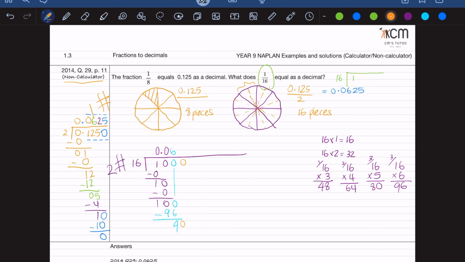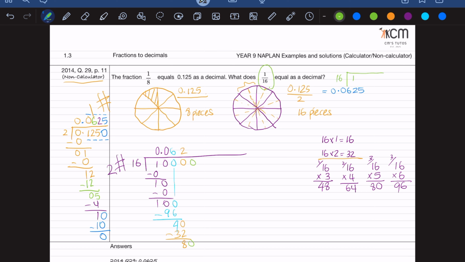So drag the 0 down. How many times 16 will give us a number closest to 40? 16 times 2 will give us 32. We subtract 32 from 40, and we are left with 8. And we add one more 0 to see. Let's work that out.